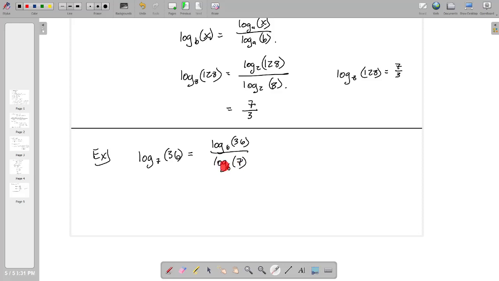Now this does not resolve. This is in simplified form. This is as simple as it goes. But log base 6 of 36 is 2. So this will be equal to 1 divided by log base 6 of 7 times 2, which you can write the 2 in the numerator as well. But this is actually relatively common to have a logarithm like this in your answer.